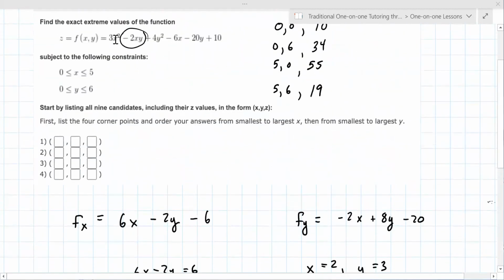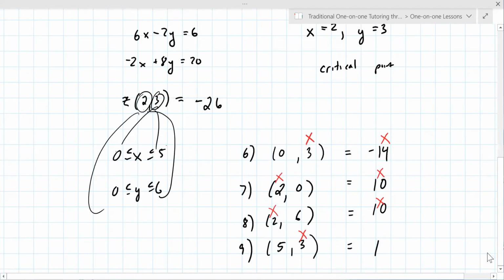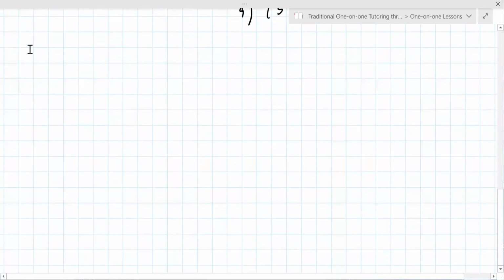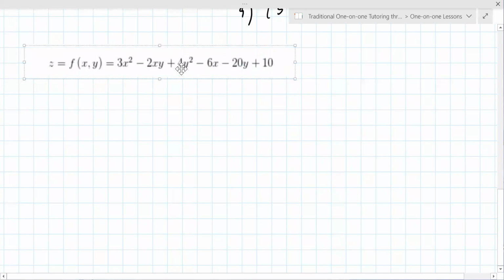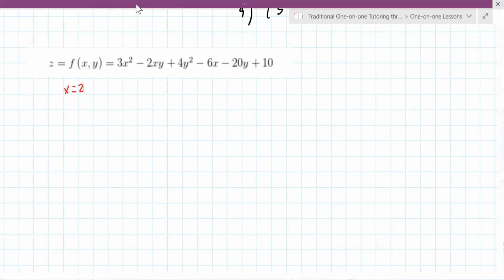So let me grab the original function. And it says to put in that x is 2. And we'll see what we can do from here.